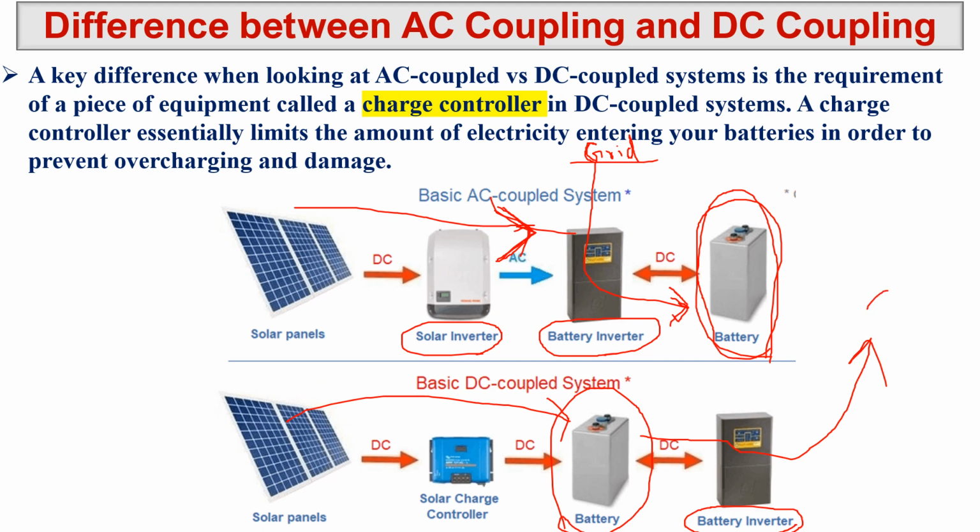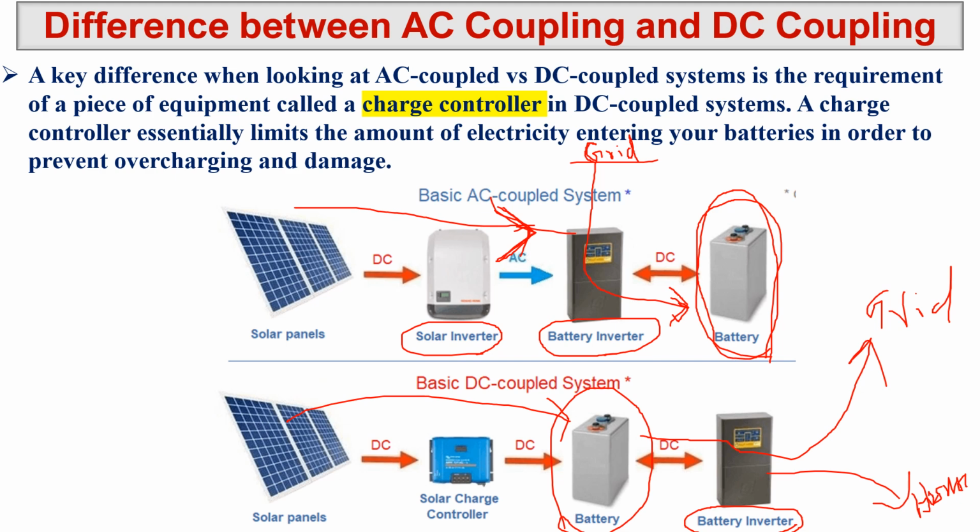This depends on the demand. If the house has no demand in the daytime, then you don't need to supply to the house. You are selling to the grid. So this is the main differentiation.